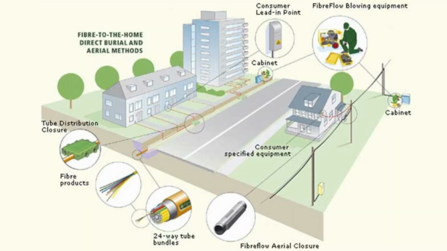Before we venture further, let's clarify what we mean by OSP and ISP cabling. In the world of telecommunications, these two terms are the cornerstones of how we connect and communicate. OSP, or outside plant cabling, encompasses all the telecommunications infrastructure found outside of buildings.